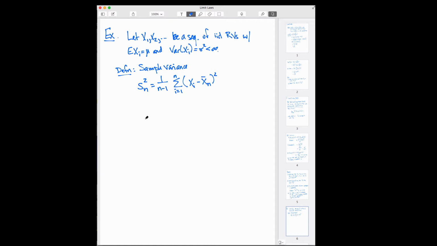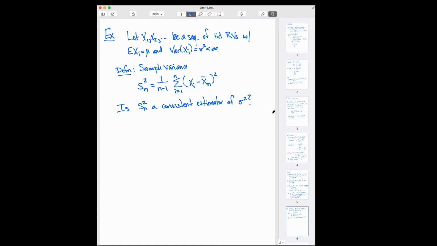but let's see why we might want to use that. And so let's first ask ourselves, is this sample variance a consistent estimator of the population variance, sigma squared?